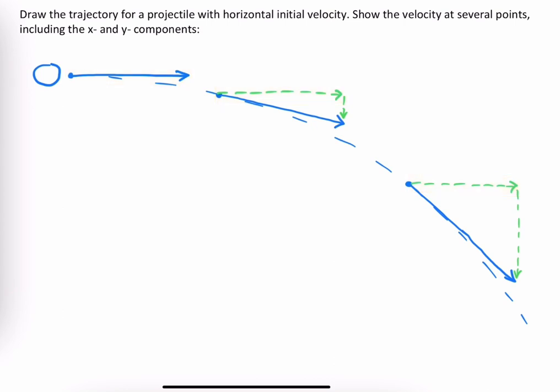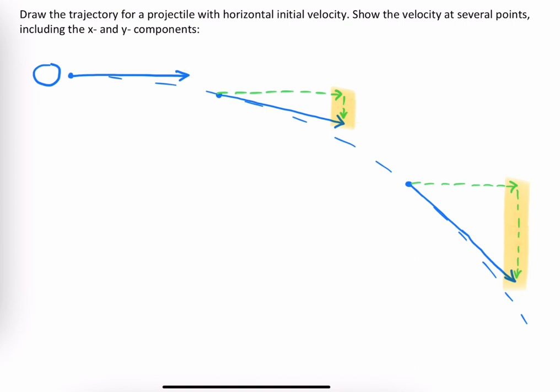So now let's look at the y components. Well, this guy has no y component at all. It is not moving up or down in the slightest. This guy has a little y component, and this guy has a much bigger one. So unlike the x components that were all staying the same, the y components start at 0 and get bigger and bigger as we go.